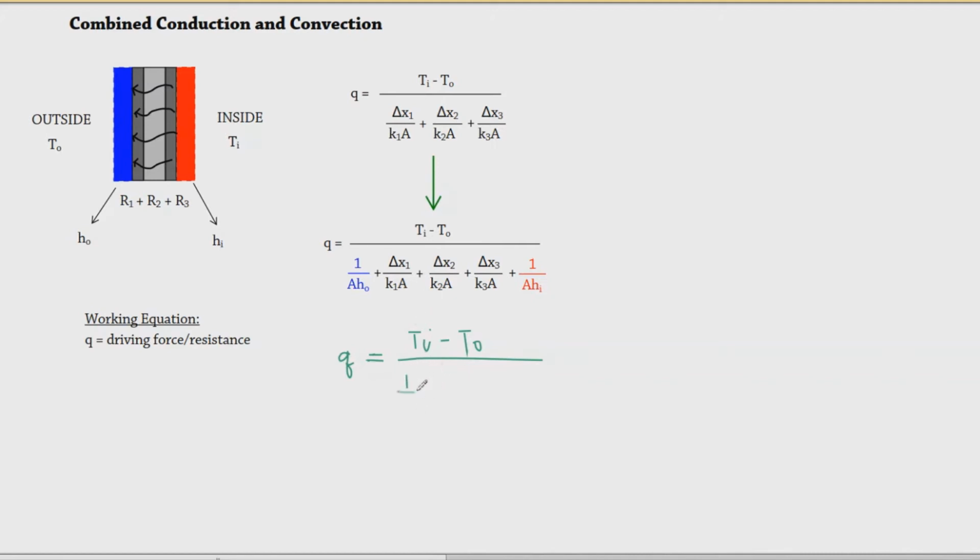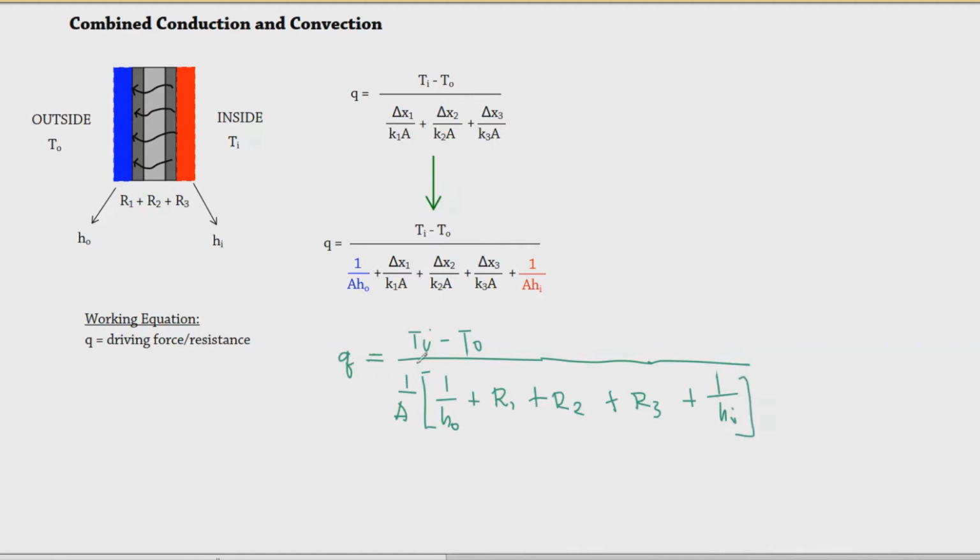So we get 1 over A, and by factoring that we'll get 1 over HO plus, let's say, resistance 1 and then resistance 2, and you know that that resistance is actually the value of this one, and then resistance 3, just to simplify this solution, plus 1 over HI.